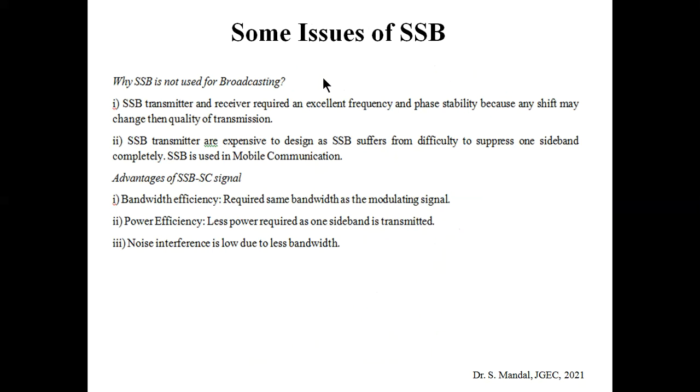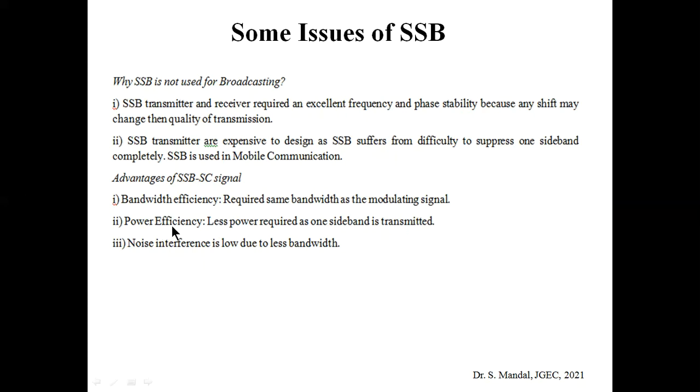Okay, now coming to some issues related to SSB. If we first discuss the advantages of the SSBSC signal, obviously it is bandwidth efficient. We already saw the spectrum of SSB. The required bandwidth is omega m, that is half of the DSB, so obviously it is more bandwidth efficient than DSB.